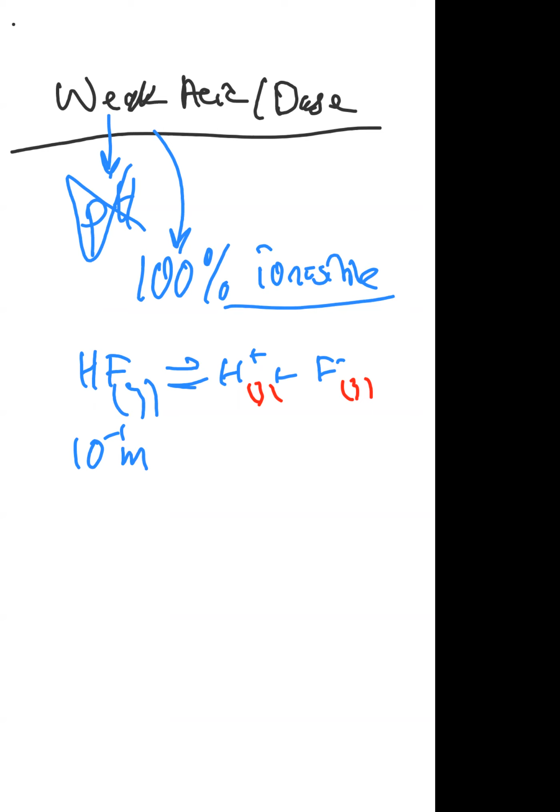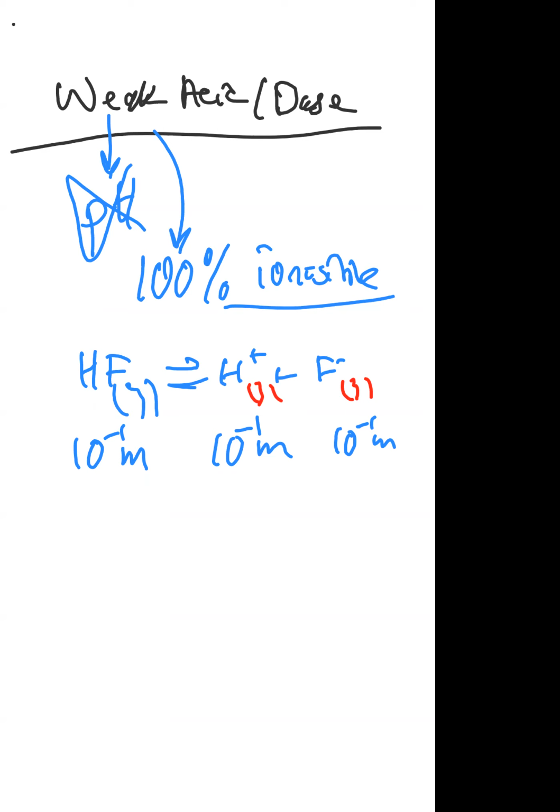Normally, if HF was one of the stronger acids, it would produce 1 molar of hydrogen plus and 10 to minus 1 molar of F minus. But since HF is not a strong acid, it produces fewer of those ions.